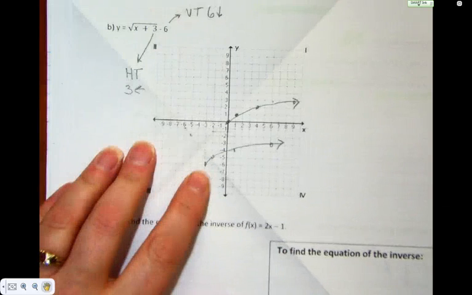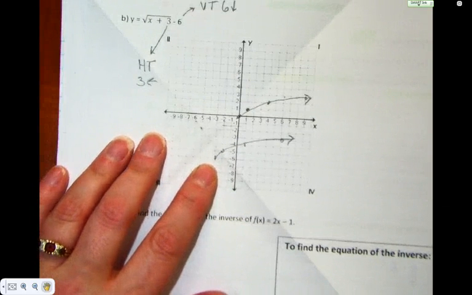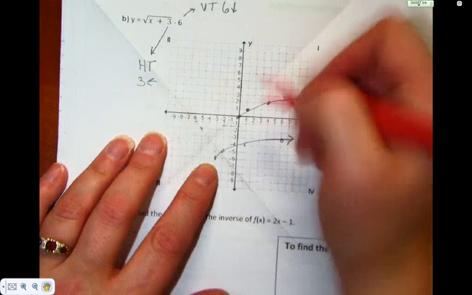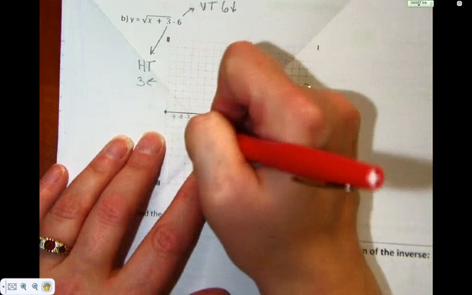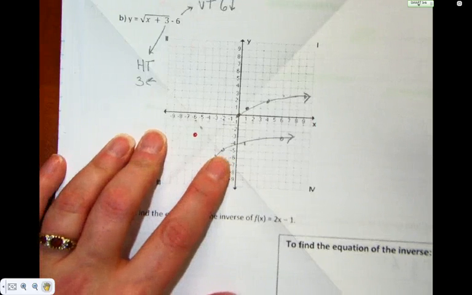Just flip them. So we'll go one by one. The first point on the left. What are the new coordinates? The new coordinates? -6, -3. Okay, the next coordinates?